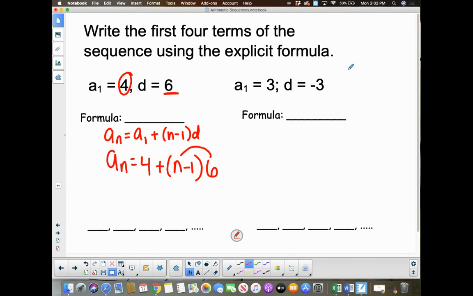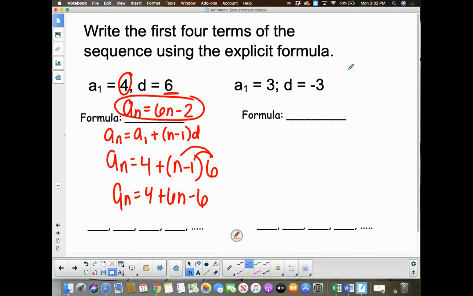So if I distribute my 6 and then combine my terms, I have the basic formula that I need, 6n minus 2. That's what I'm looking for, okay? You will not get full credit if you stop there or if you stop the line above it.